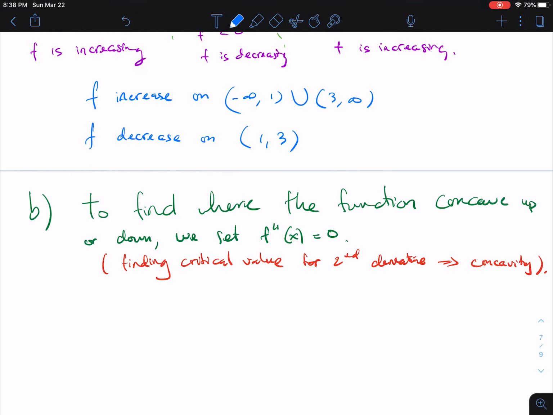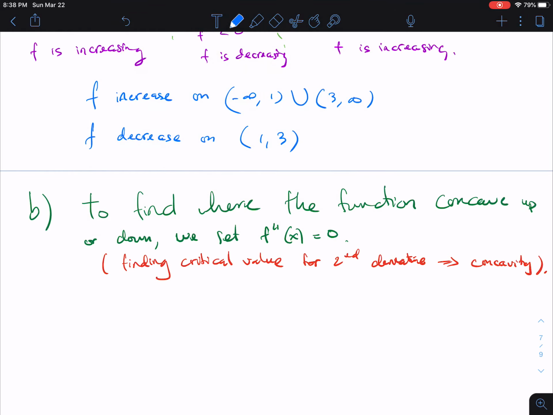Then we plug these test points into the second derivative to test its sign. Remember, from the beginning of this lesson, we concluded that whether the second derivative is positive or negative tells us whether the function is concave up or concave down.